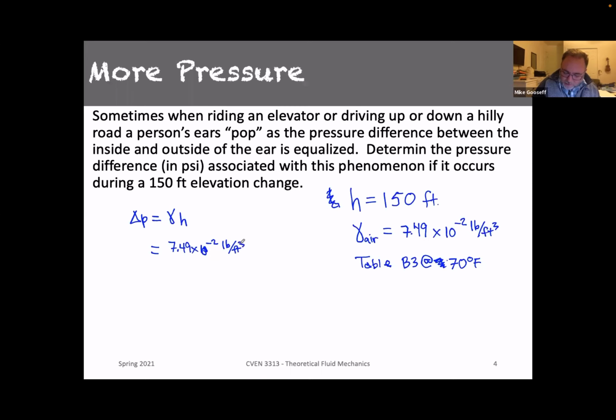And then multiply it by 150 feet, which is our change in elevation. We end up with a value that is 0.0778, but I have to be careful about that because, again, my sig figs will come in, right?